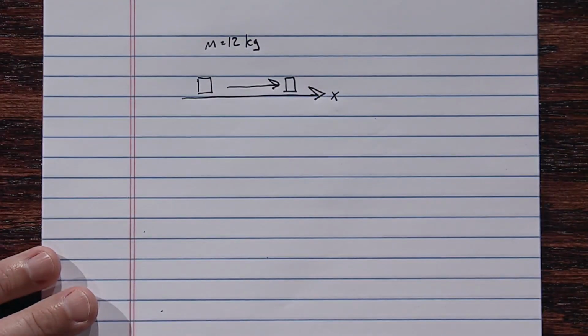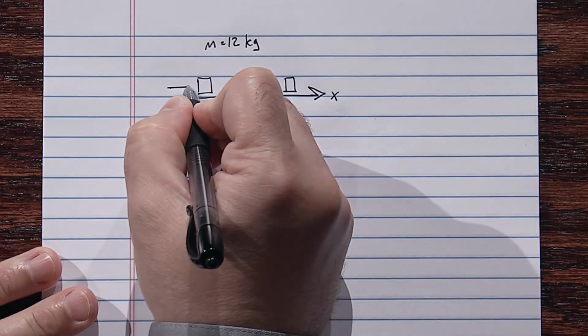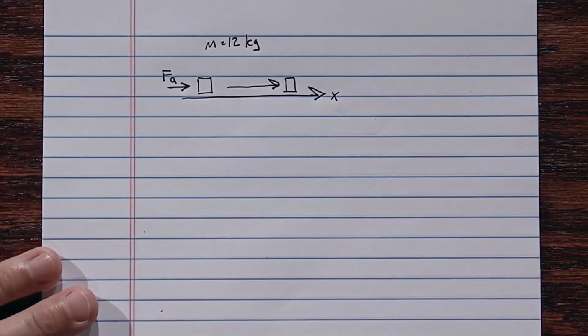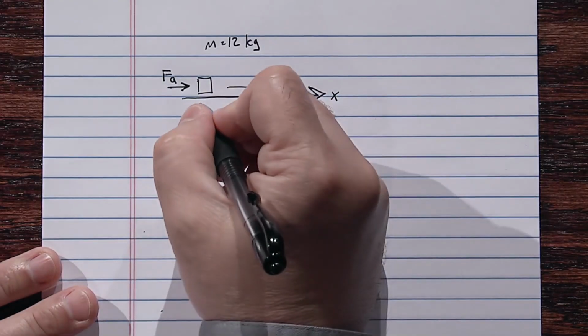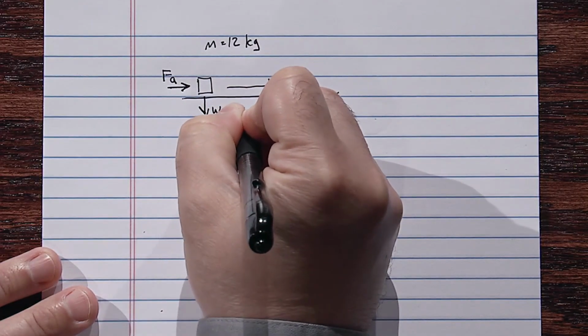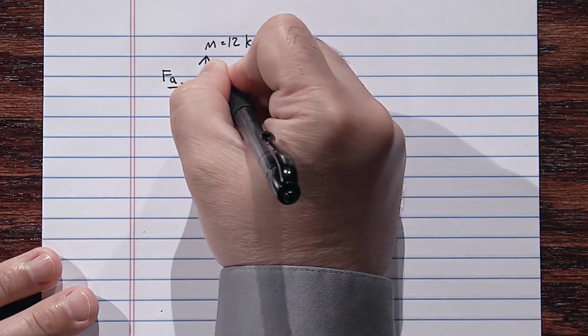What else do we know? We know that there is a constant horizontal force that pushed, so we'll call that force applied. And let's think about the other forces that are acting on the object. Well, we have weight. We have the normal force.